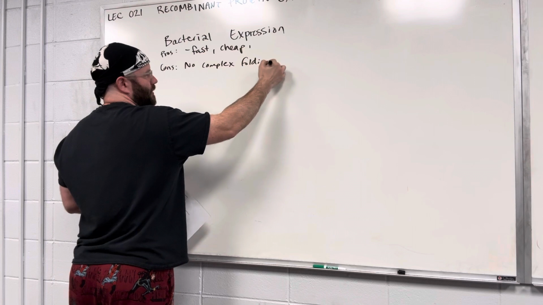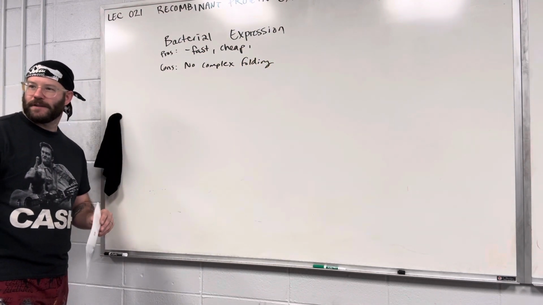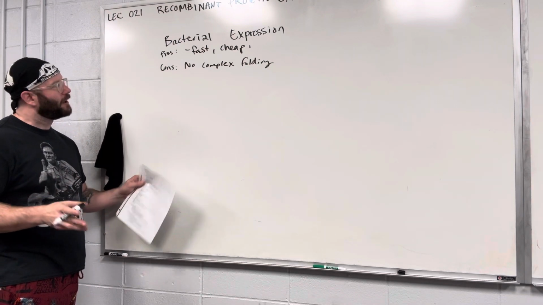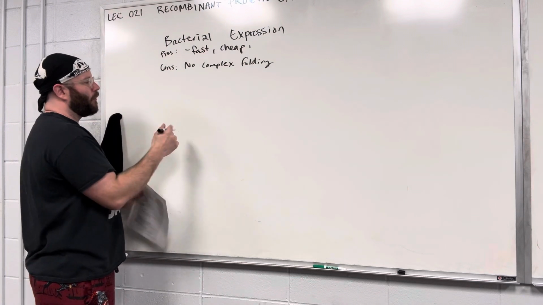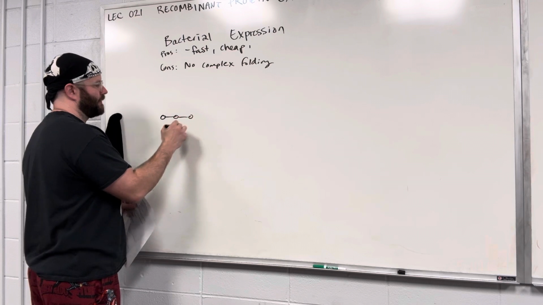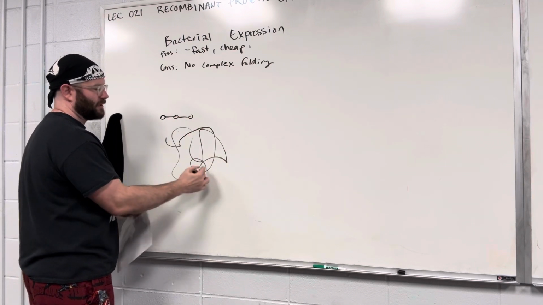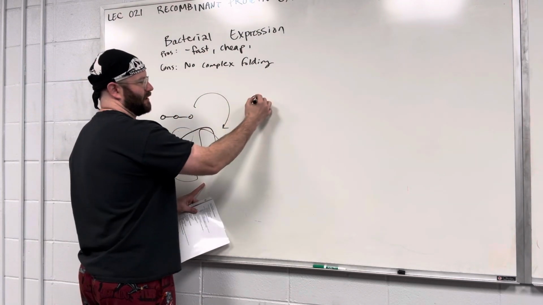If you were trying to express some key mammalian protein that required very complicated folding patterns, E. coli might not be the way to go. If you think of the primary structure and then the secondary structure and then it forms this global tertiary structure, oftentimes going from one to the other requires other proteins called chaperones.